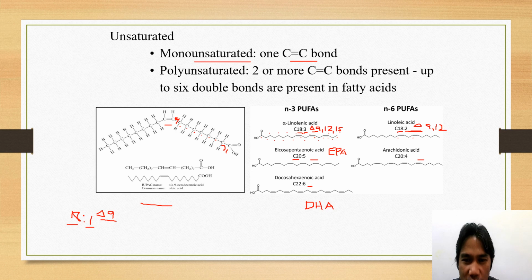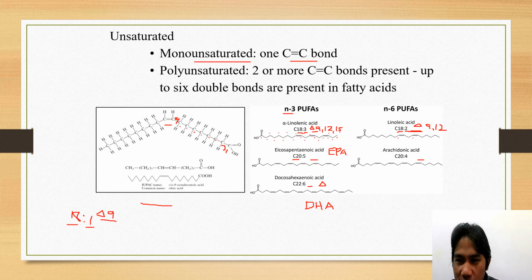You assign the delta, or the position of the carbons with double bonds. It says here, this is an omega 3 fatty acid. So these three, linolenic acid, EPA, and DHA, are called omega 3 fatty acids.